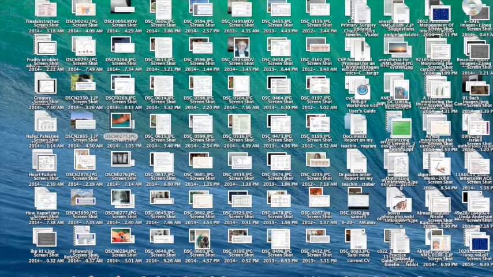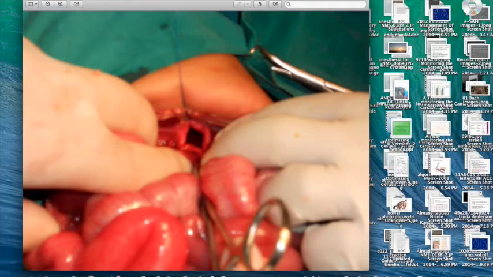This is the defect. It was a posterior defect on the left side.